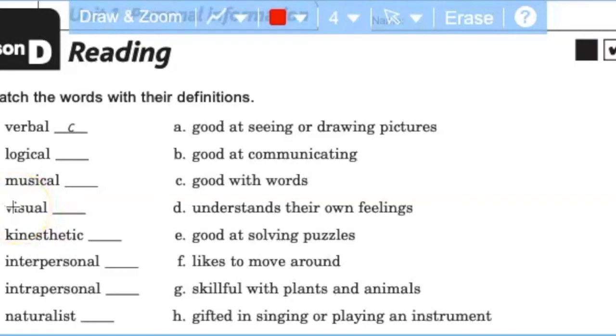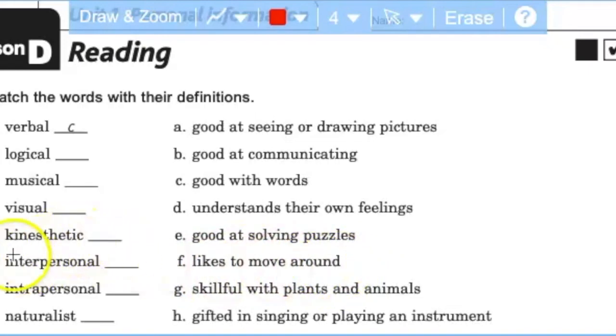Number 4, the answer for visual is A, good at seeing or drawing pictures. Number 5, kinesthetic, the answer is F, likes to move around.